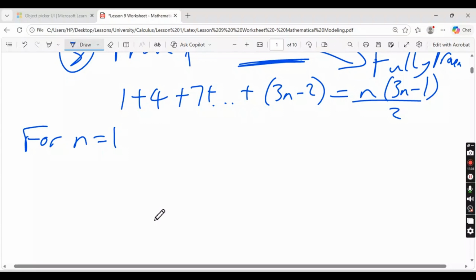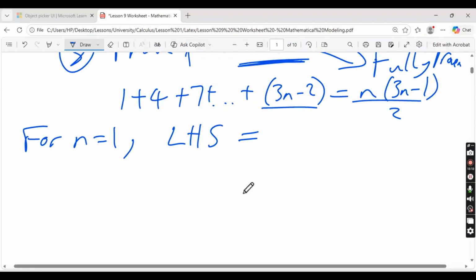So for n is equal to 1, we have a left-hand side and a right-hand side, and we deal with them separately. Which one do you want to deal with first? The left-hand side. So you write left-hand side is equal to, using the formula that is used for every term, starting from n is equal to 1, because it always starts at 1. Why?